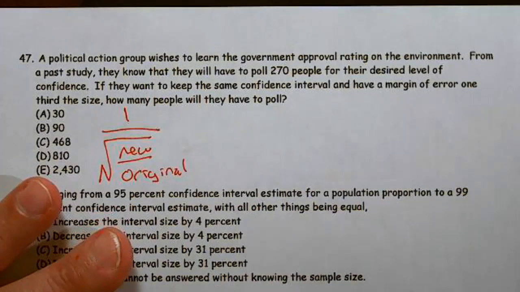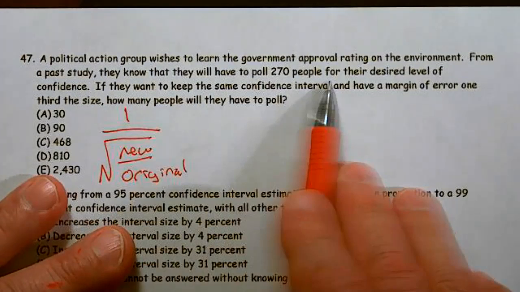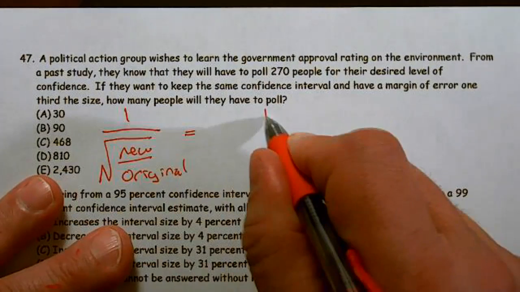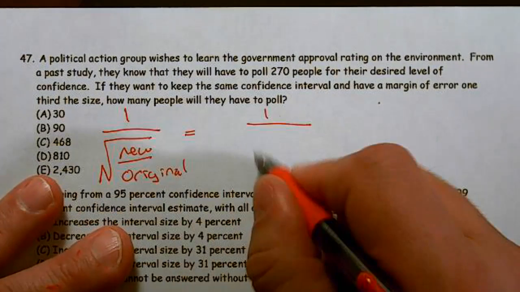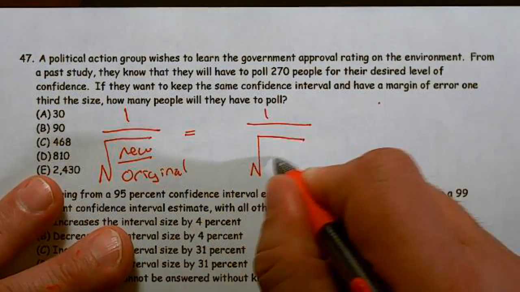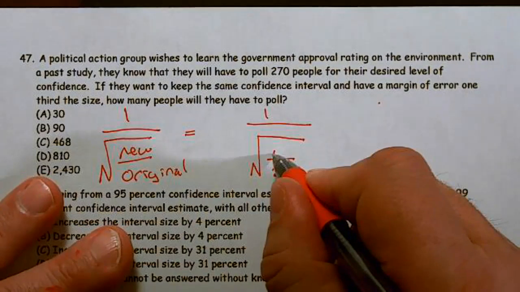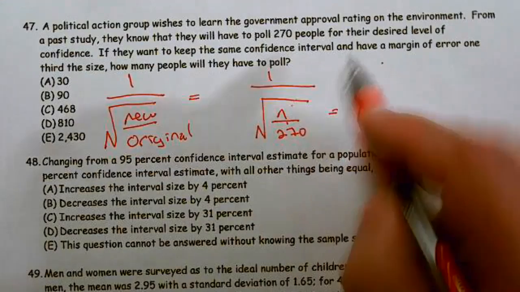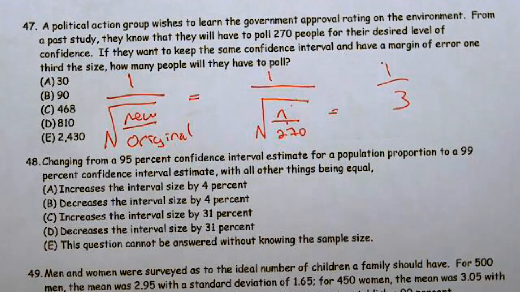So they'll have a poll of 270. All right. So this needs to equal 1 over 3.